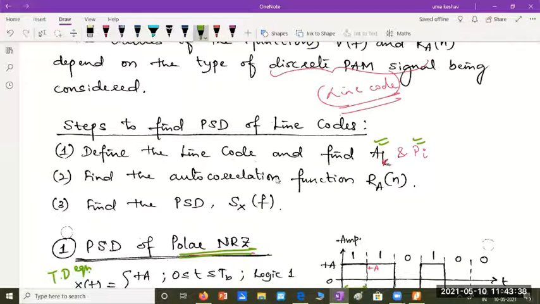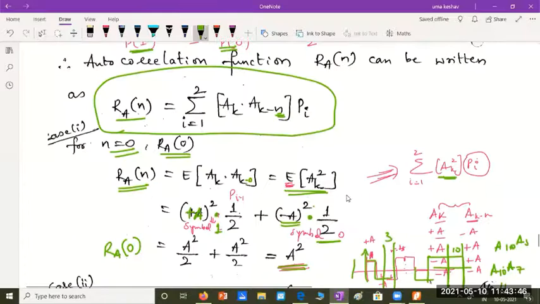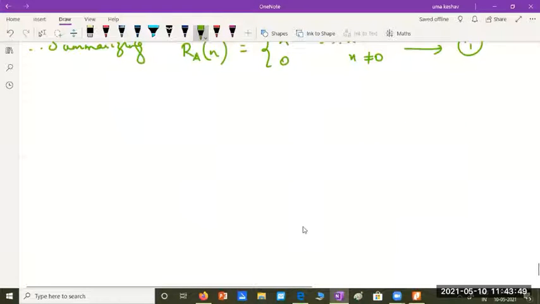The second step is finding the autocorrelation function for the given polar NRZ line code, which we have found. And now we'll move on to the last step, that is to find the power spectral density of this line code. So step 3, to find PSD.